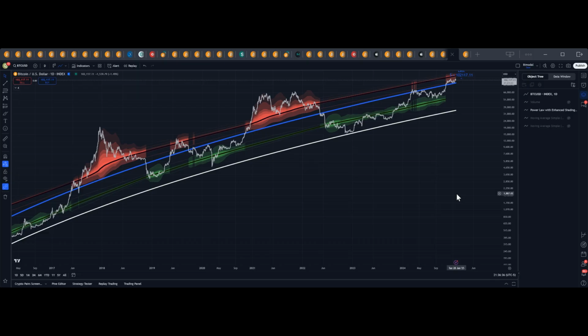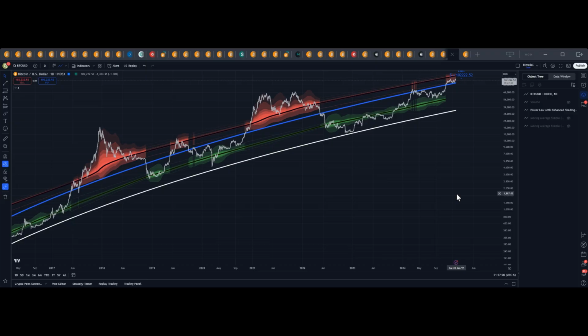But really, it simplifies this way: whatever is below and whatever is above the power law, the middle one. Notice that we don't spend a lot of time on the blue line. Most of the time we spend above or below, right? On the blue line there are only a few days that we spend.